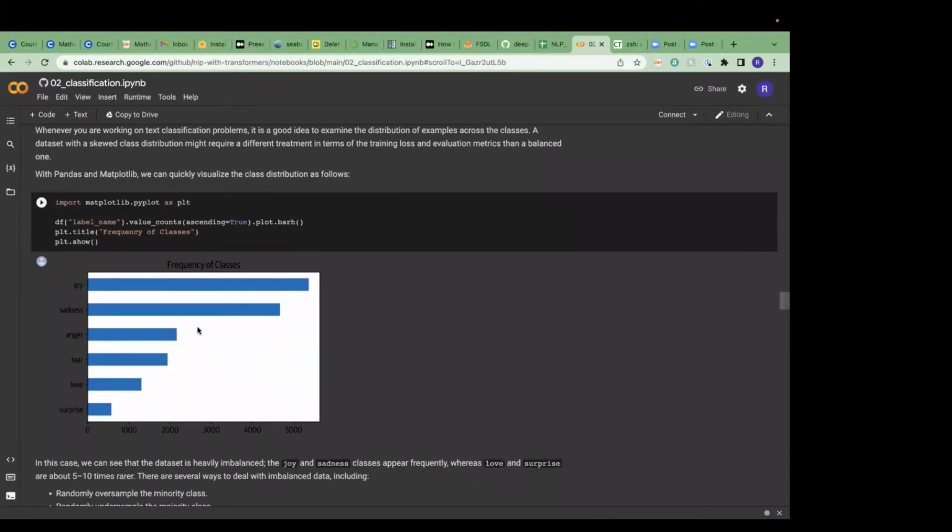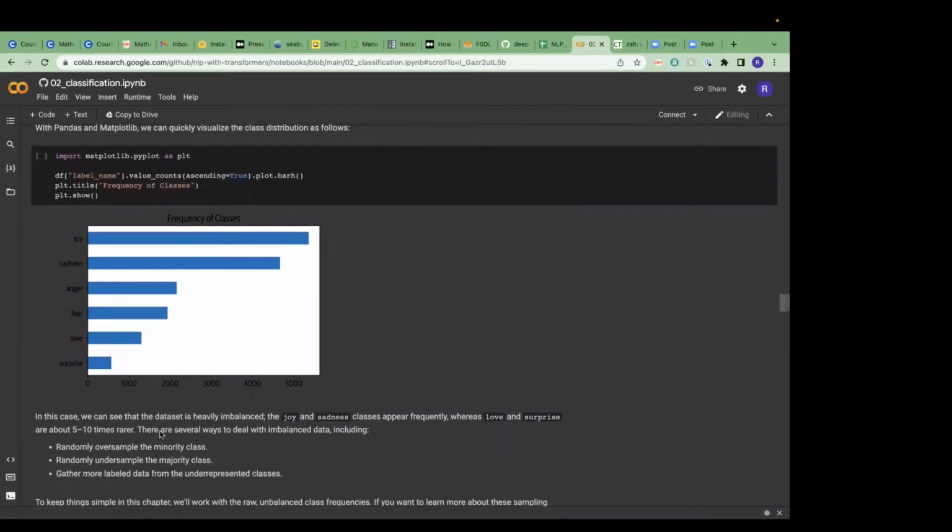Most of the tweets are labeled joy, and not a lot are labeled surprise. There are more than 5 times as many tweets labeled joy than surprise. So there is class imbalance, and there are certain ways of overcoming it.